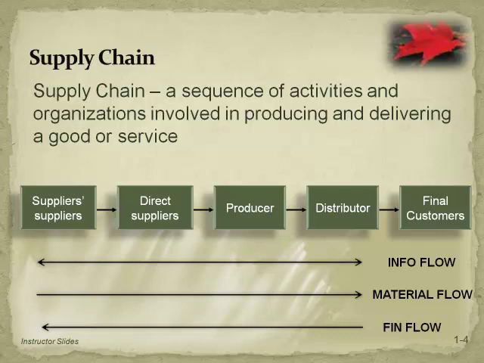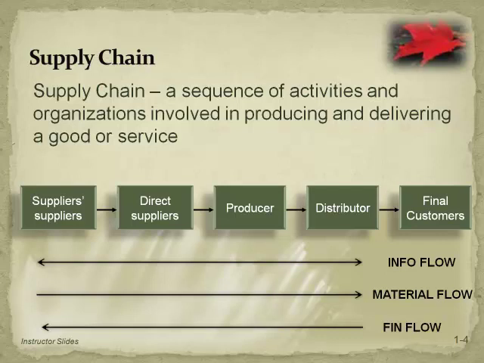So beginning with the far left, we have supplier's supplier, who is providing materials to a supplier. That supplier is providing materials to a producer or a manufacturer who is manufacturing the product. And then that manufacturer is selling that product to a distributor. And then finally, the final customer is purchasing the product from a distributor.